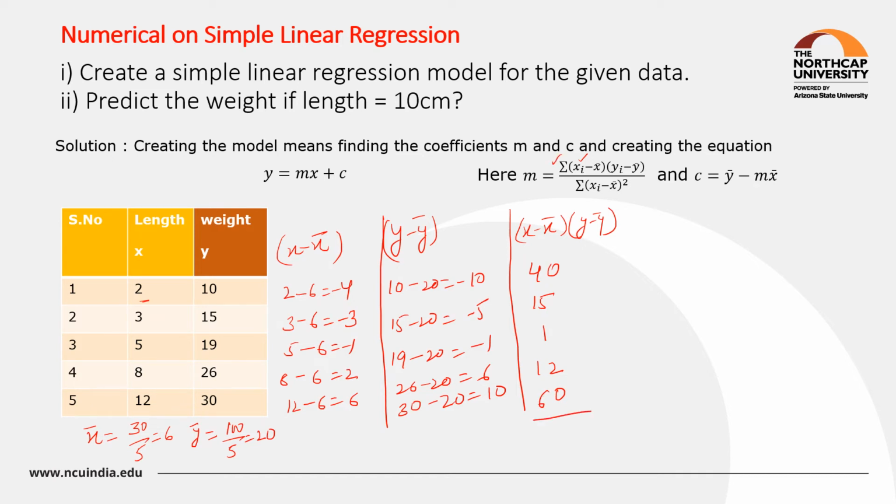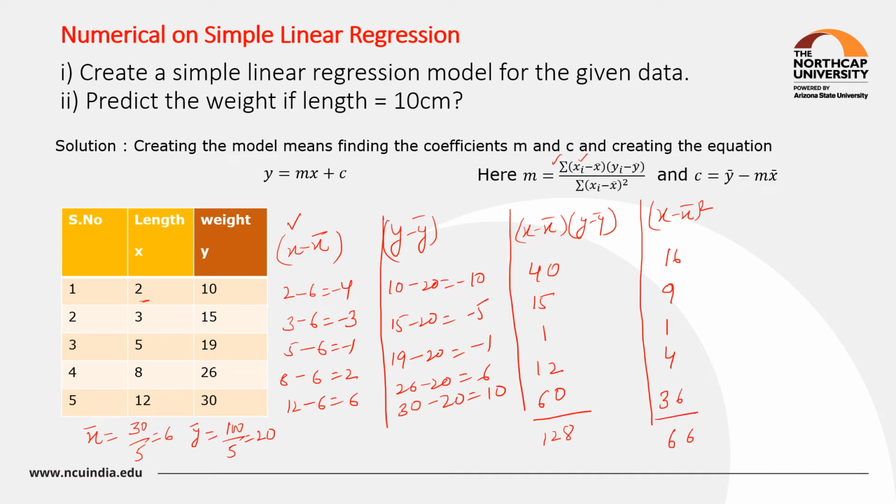This is coming out to be 128. Let's find out x minus x bar square. The square of the first column is 16, 9, 1, 4, 36, and find out its sum. It is coming out to be 66.